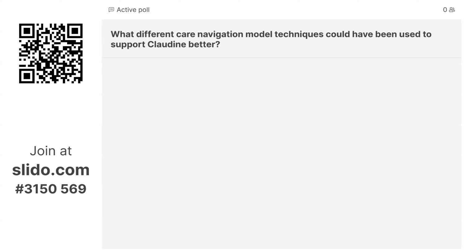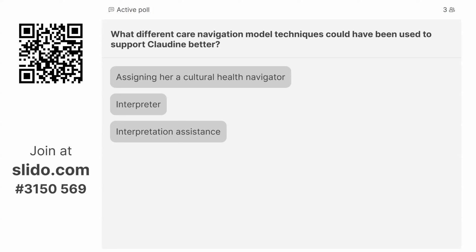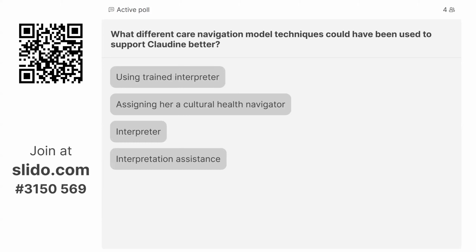Yes, we are still using the same Slido that you have been using from the beginning. So the question is, what different care navigation model techniques could have been used to support Claudine better? Interpretation system, that's one of them. Interpretation, assisting her with a cultural navigator, that's correct.